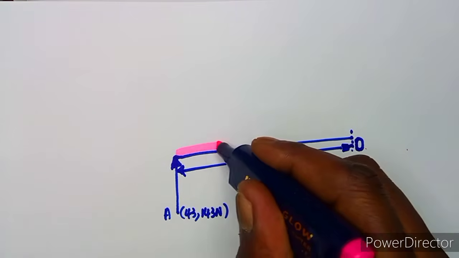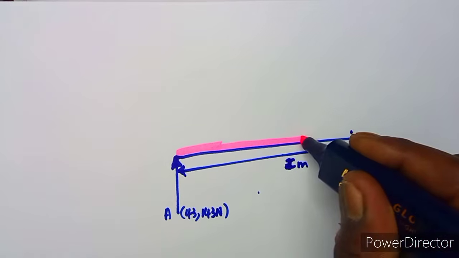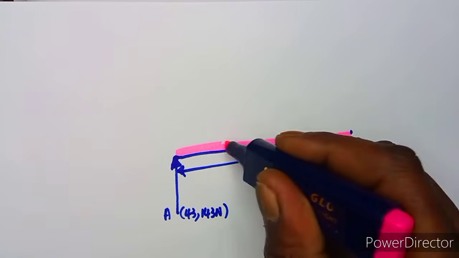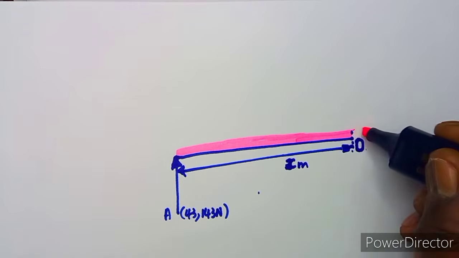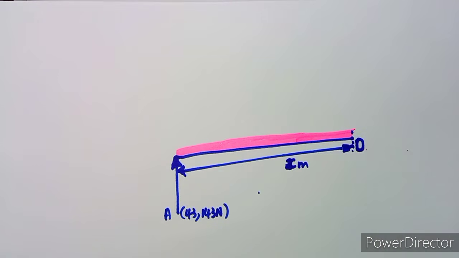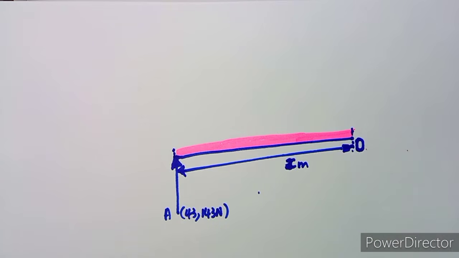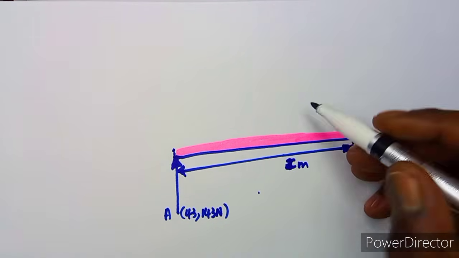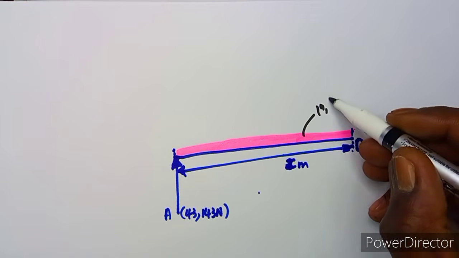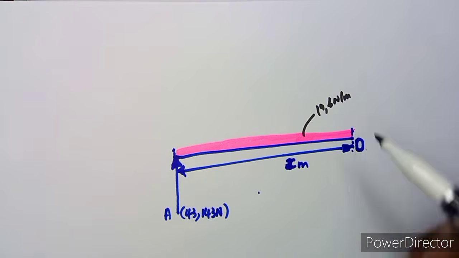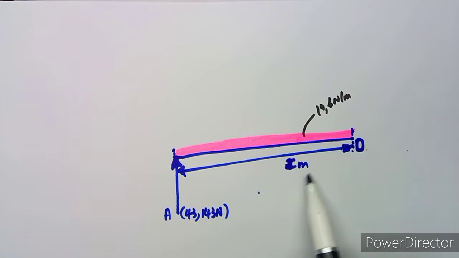We have got a distributed load here in between these 2 points. So this is what we have of 19.6. I hope you understand what is happening here. Remember, that was 19.6 Newton per meter, so it's divided over this X meter.